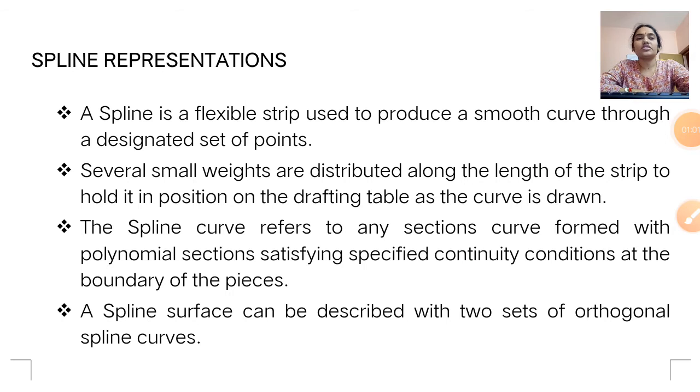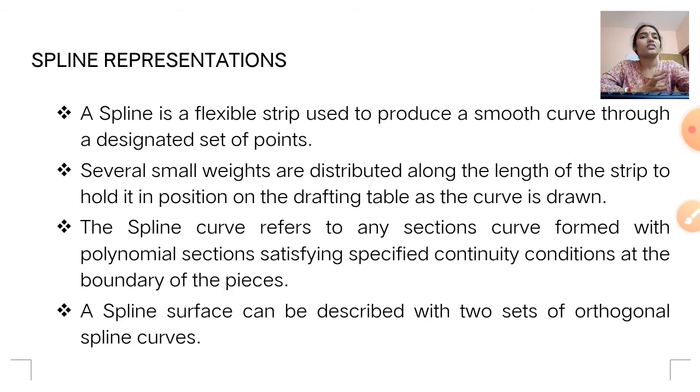Spline representation. A spline is a flexible strip used to produce a smooth curve through a designated set of points. Using the set of points we can create a spline.